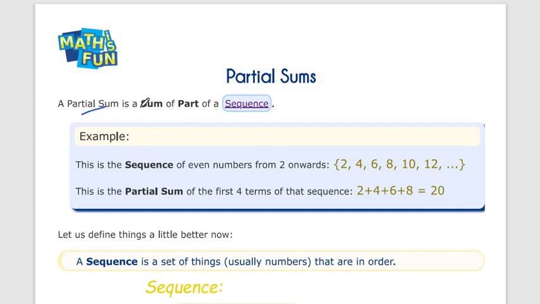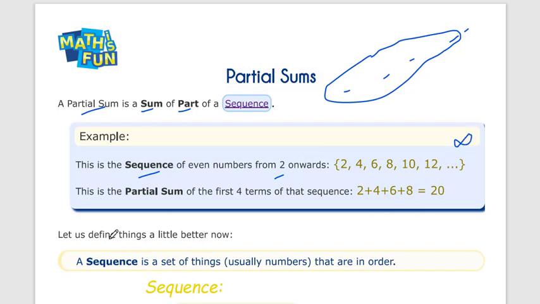A partial sum is a sum of part of the sequence, not the summation of the whole sequence. Here you can see this is a sequence of even numbers.